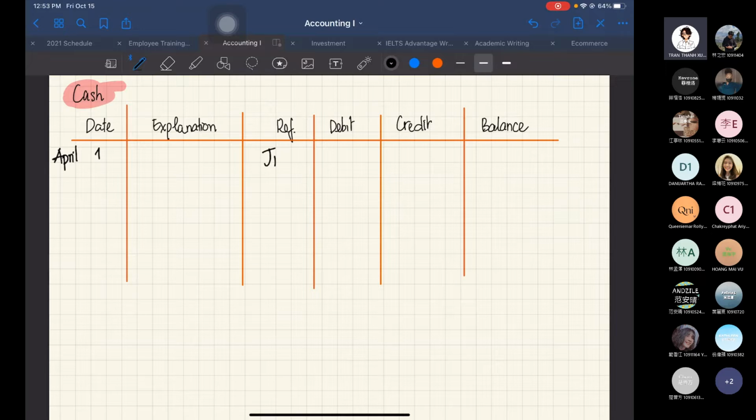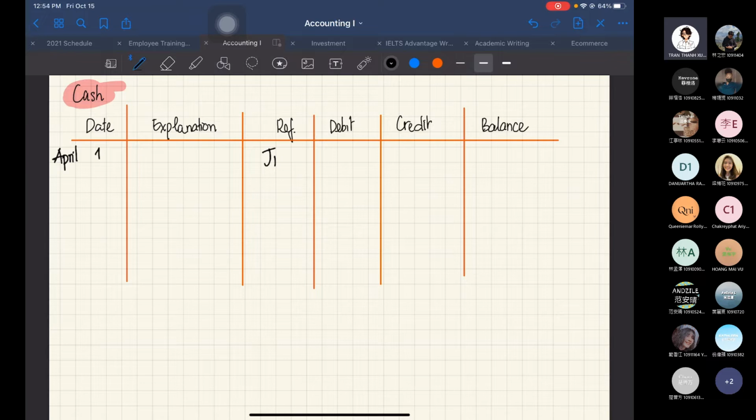About the explanation here, I'll leave it blank, and you can do that too. Basically, this is like the T account, but it has more columns, and it also has the reference J1, journal 1.